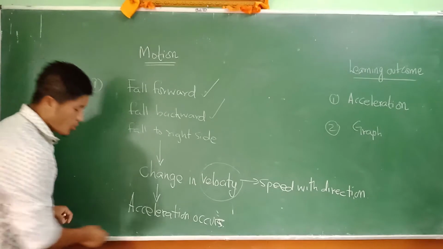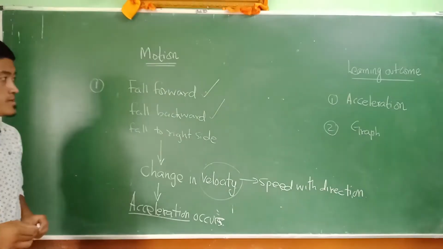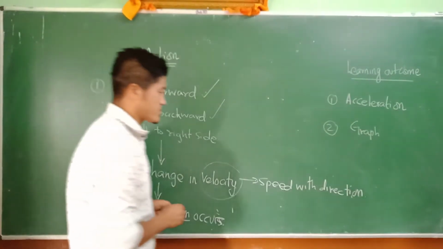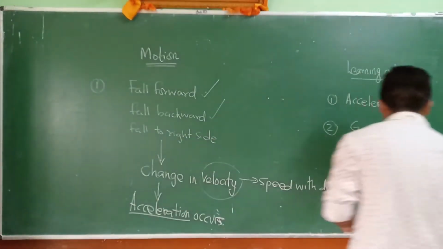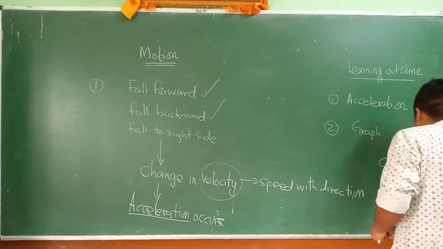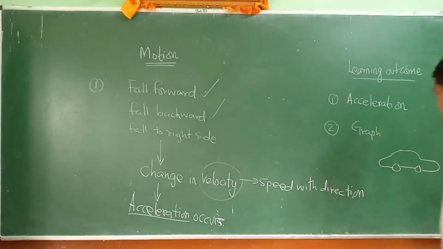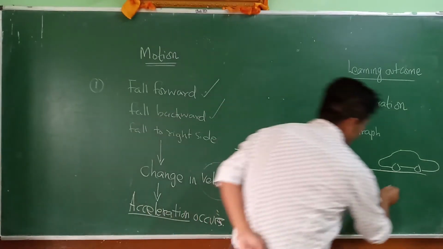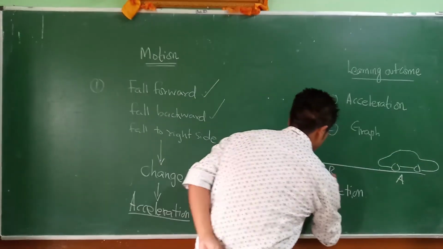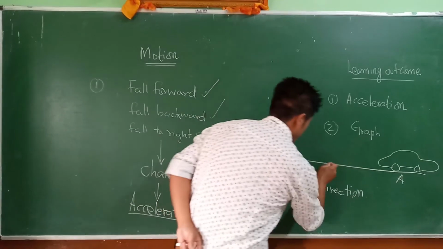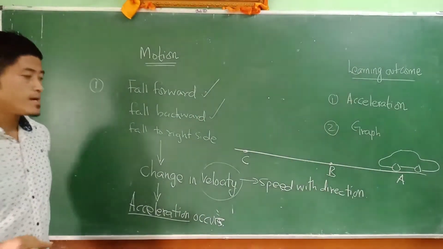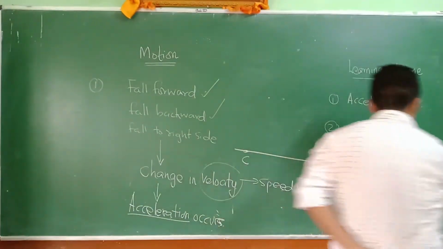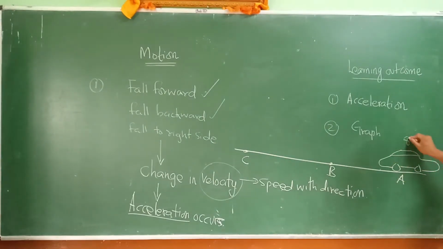So now you might be thinking, what actually is acceleration? Right? So let's go for it. Suppose, imagine, this is a car here, and these are the positions A, B, and C. If this car is traveling at a speed of 80 km per hour, in 1 hour this car goes 80 km.